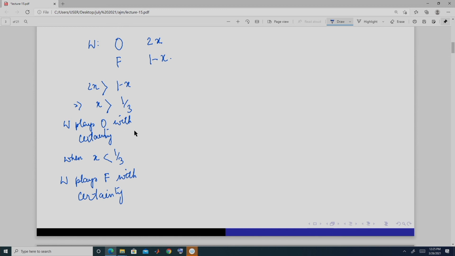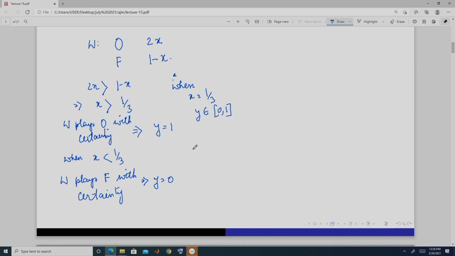So, with certainty here it implies that y is equal to 1. Here it implies that y is equal to 0. And when it attaches some probability, y takes some value between 0 and 1, when x is equal to 1/3, y will take some value between 0 and 1.